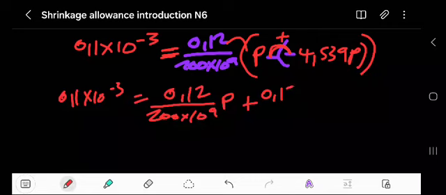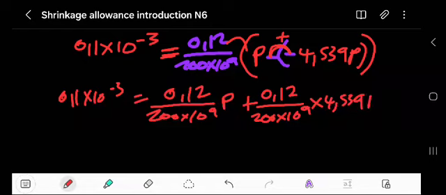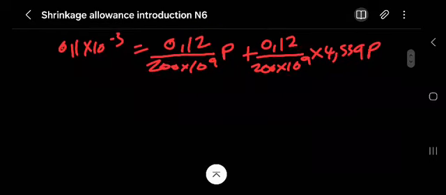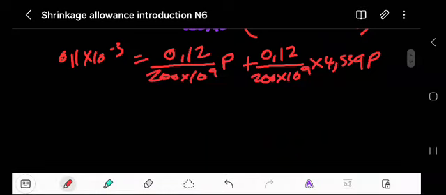If it is positive, I multiply the whole inside, will be plus 0.112 over 200 times 10 to the power of 9 multiplied by 4.539 P. All right, so now, because here if you will multiply this, there is P, and then you are adding, you can multiply this like that.